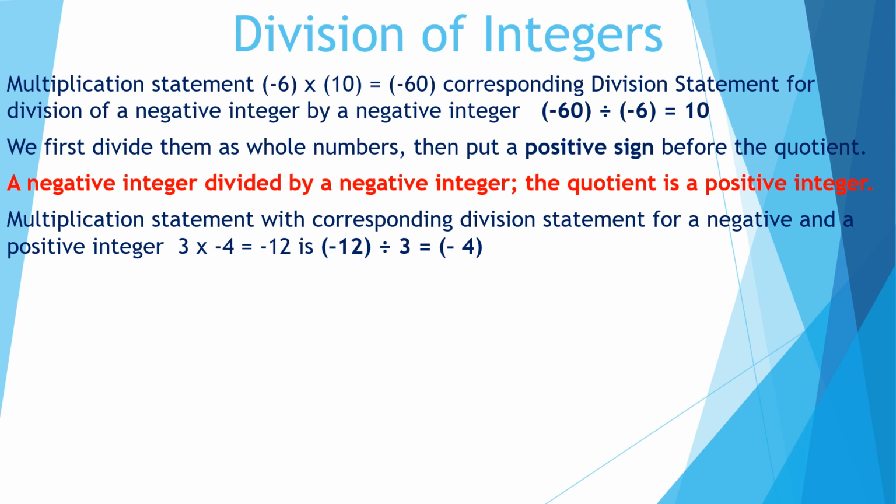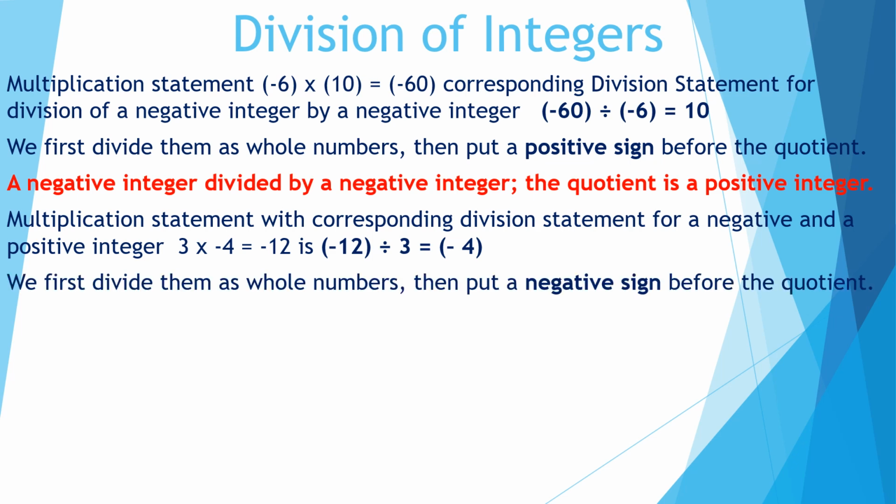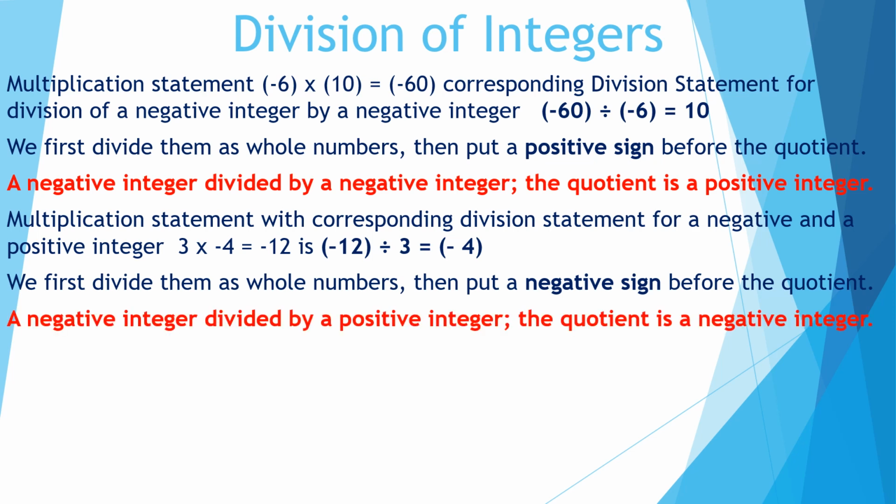Now minus 12 divided by 3 is equal to minus 4. We first divide them as whole numbers, then put a negative sign before the quotient. So we've seen that a negative integer divided by a positive integer, the quotient is a negative integer.